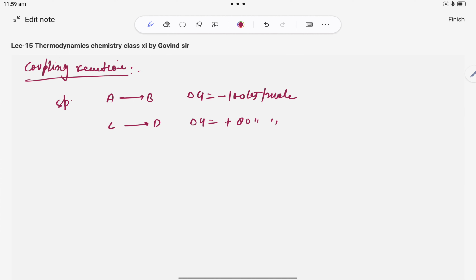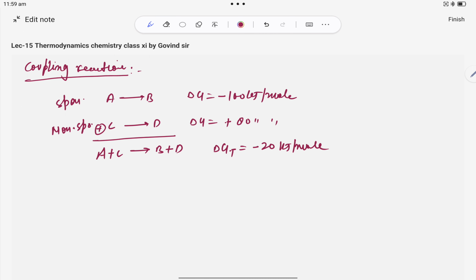So one is non-spontaneous and the other is spontaneous. Coupling means if you add these, then A plus C gives B plus D. So G total is what? 100 minus 80, plus 20 kilojoule per mole. So this reaction will be non-spontaneous. That is called a coupling reaction.